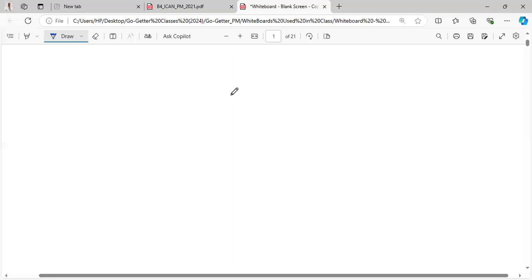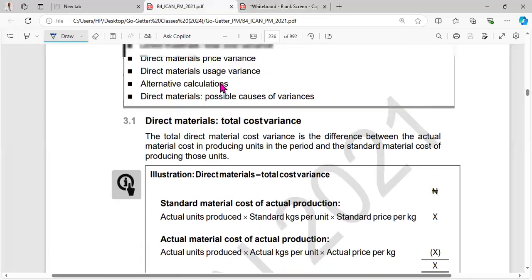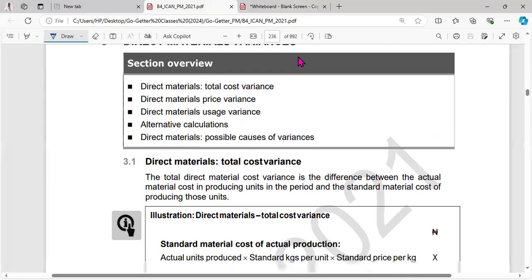Okay, so we are on direct material cost variances. Direct material, direct material cost variances.